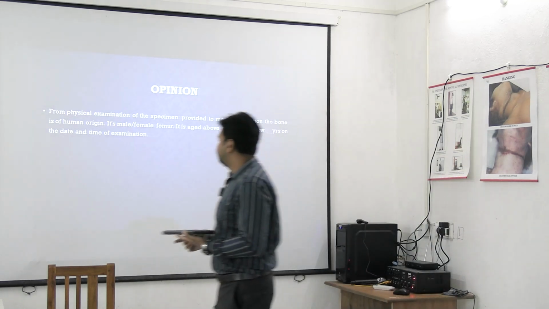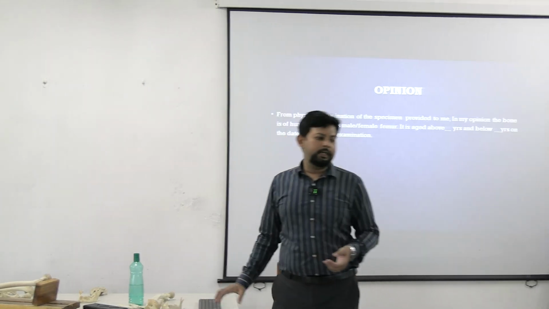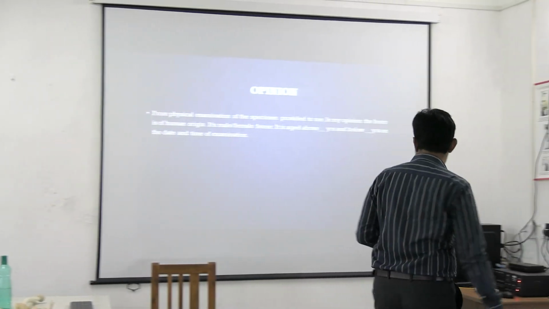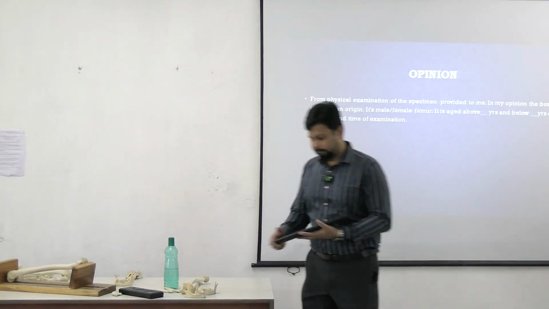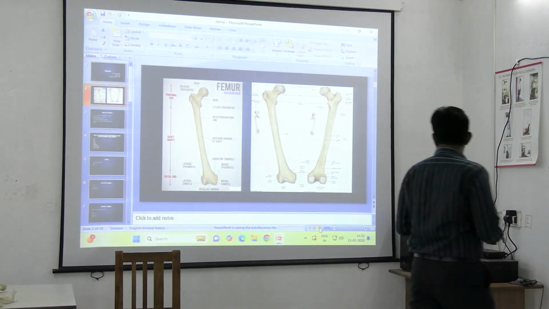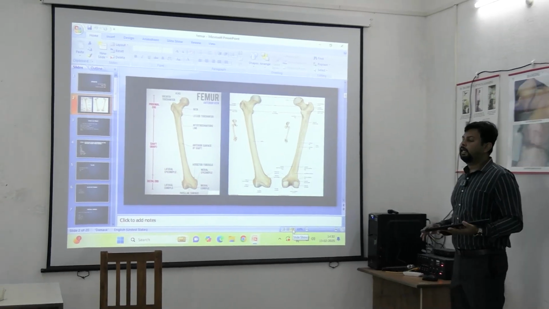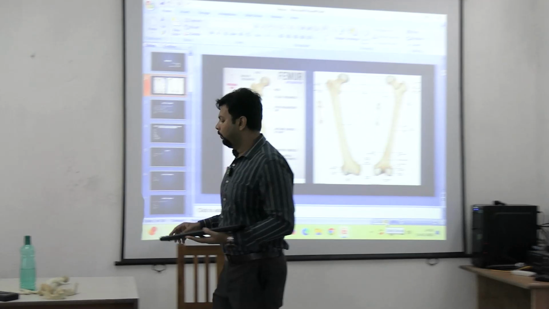Clear? Now we'll move to the next topic, that is dentition. Teeth. So what will we learn from teeth? The application of dentition knowledge, that's what I am going to teach you now.